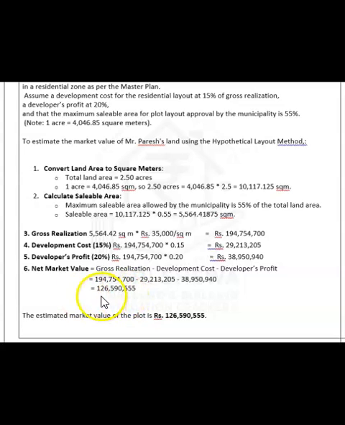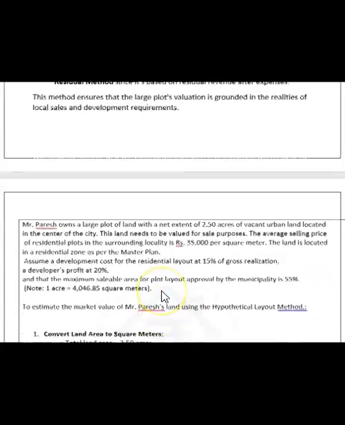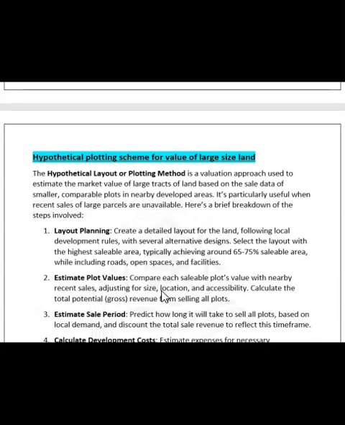Total plot value is 12 crore 65 lakh 90,550. This is the method to calculate the value of a large size plot if only smaller size plot rates are available. This is called the hypothetical plotting scheme for the value of large size land.